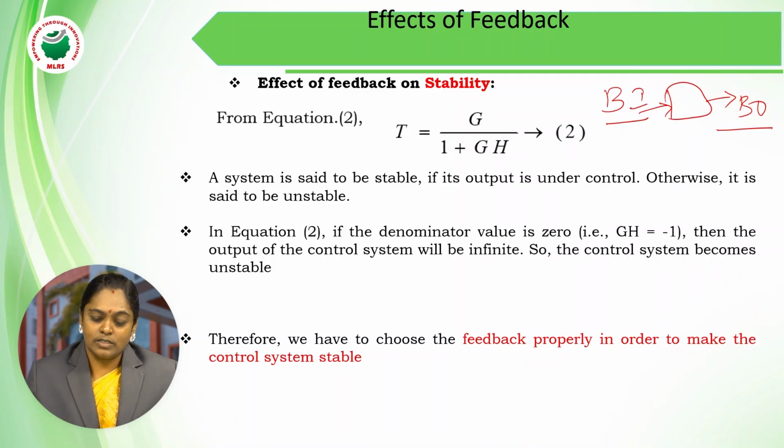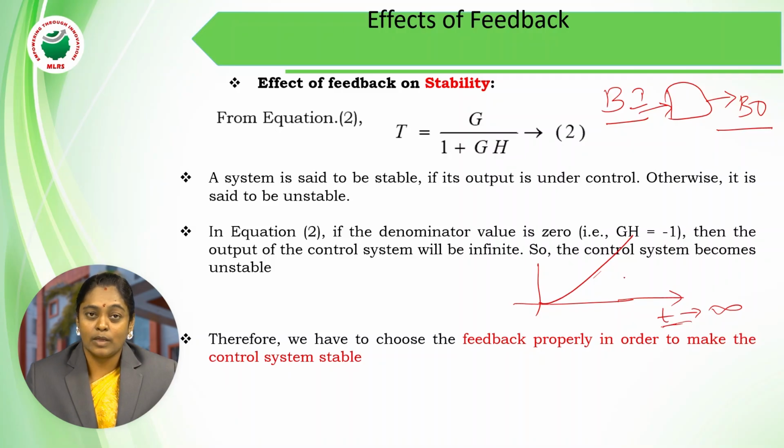Now let me take an example in which a signal is continuously varying with respect to time and continuously increasing; as time tends to infinity, the amplitude keeps changing, meaning I cannot measure what the amplitude is at t equal to infinity.